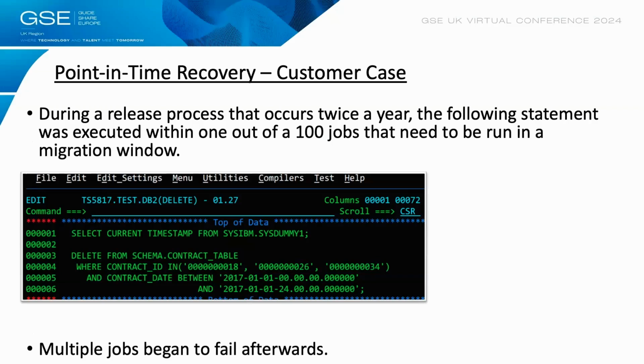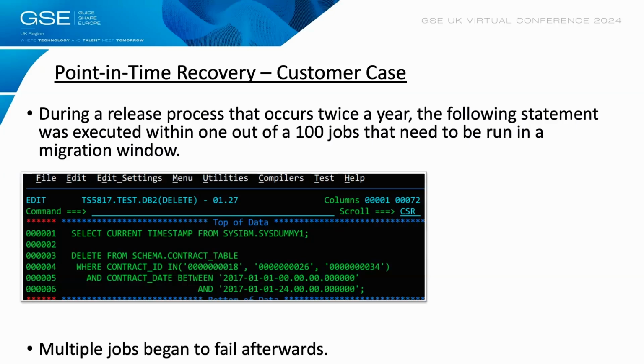So this is what they run. They get the current timestamp, so they know when this job was run. They delete from the table where contract ID is one of these ones that they've been using, and the contract date is between them. They run that, and it takes a little while, and as soon as that's finished, everything starts failing.